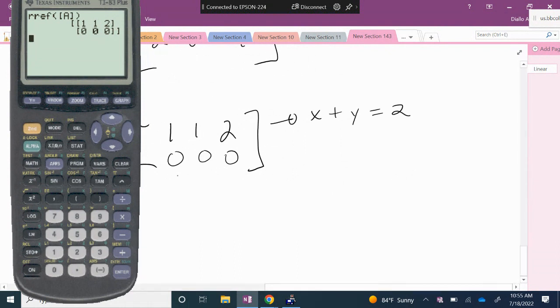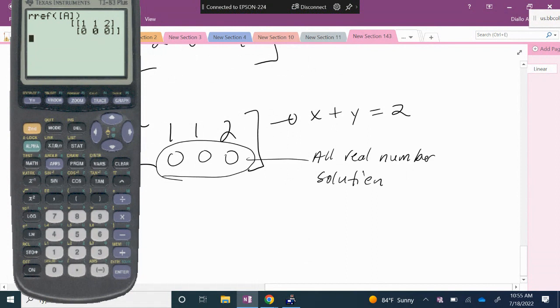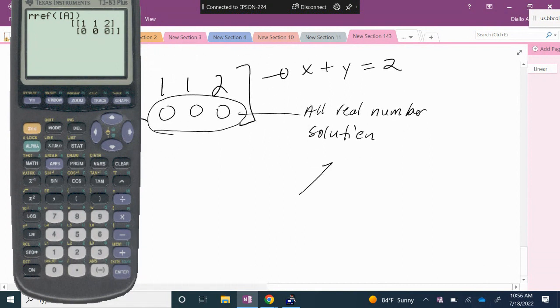If that happens, you want to concentrate on the very last row. So notice for this very last row, I have all zeros. If your last row has all zeros, then this is an all real number solution. So what that means is the line for the first equation and the line for the second equation would be exactly the same.